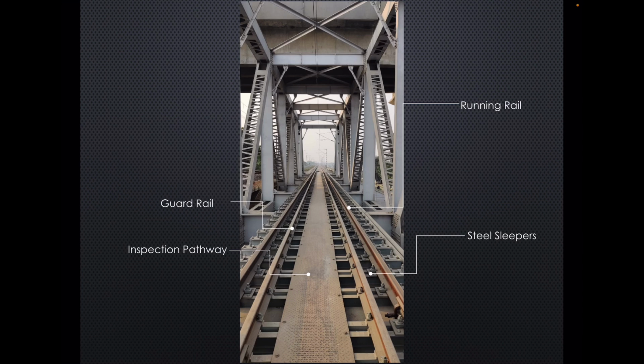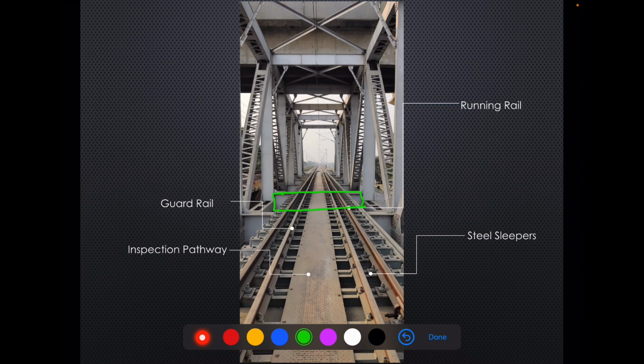Now let's see the floor system of an open web girder in detail. As we have discussed, we have many cross girders. These are the cross girders. Cross girders are connected with each other with the help of stringers.